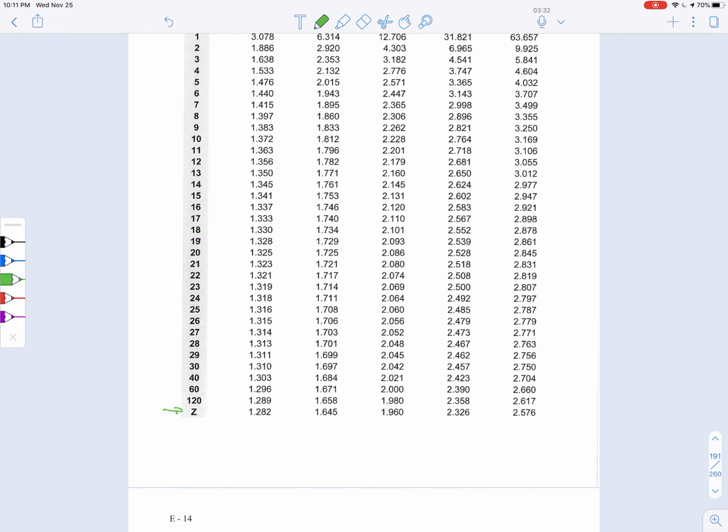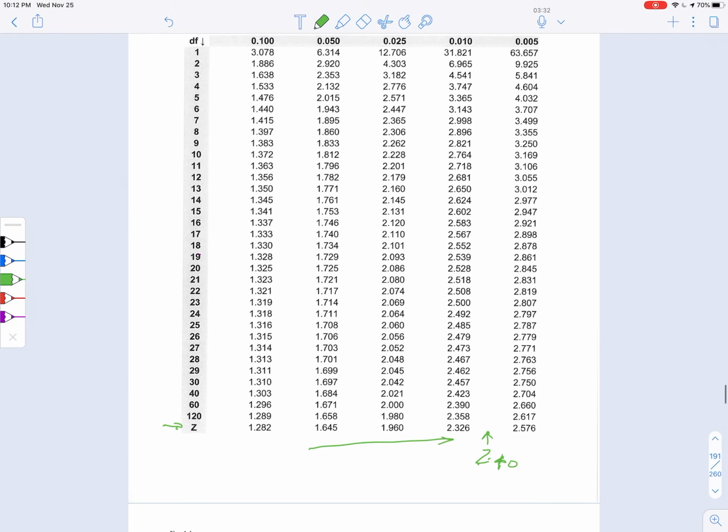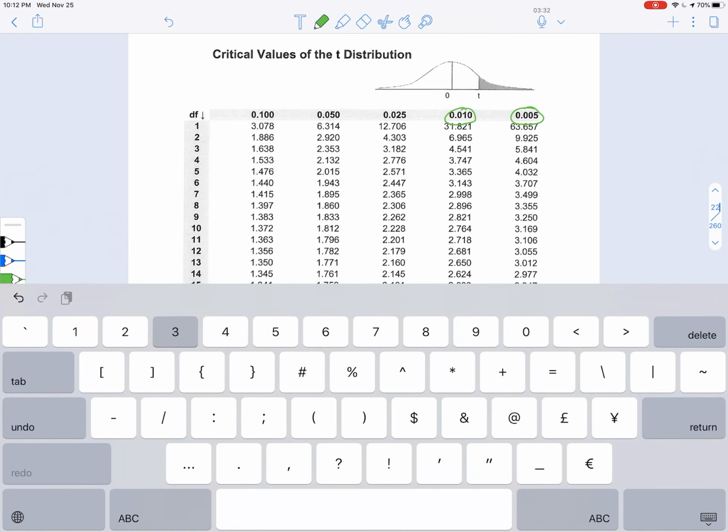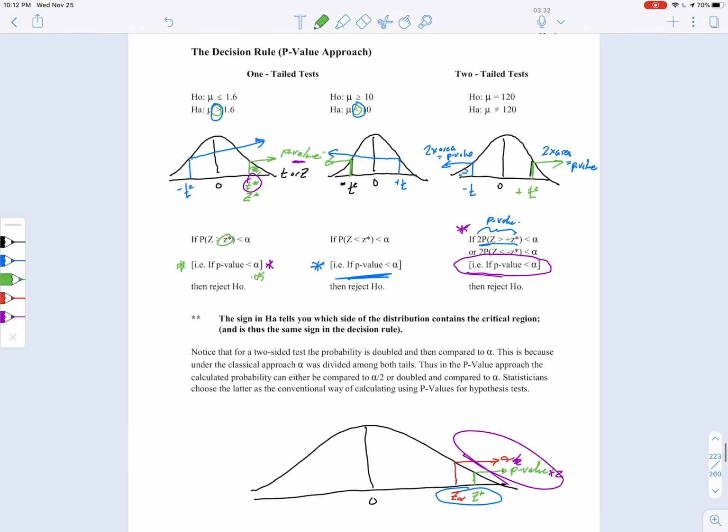We take a look at our degrees of freedom, which is 143, so we're going to go to the Z row. We go across until we find 2.4, and we go up here and find that the p-value will be somewhere between 0.5% and 1%.